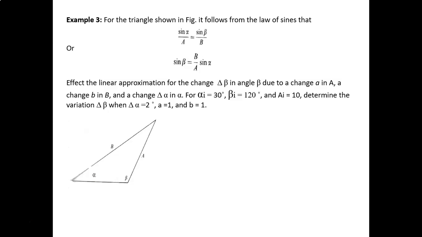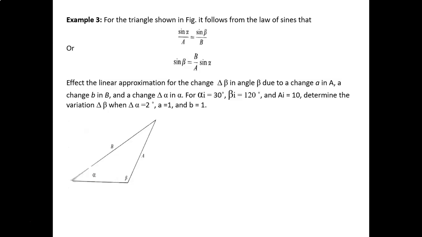Therefore find the linear approximation for the change delta beta in angle beta due to a small change a in the length of the side, that is capital A, a change small b in the length of the side, that is capital B, and a change delta alpha in alpha.